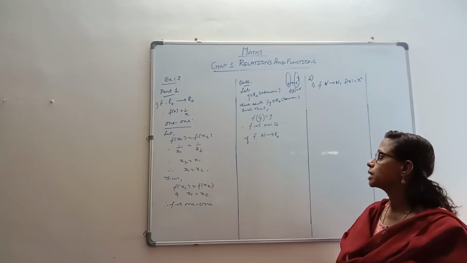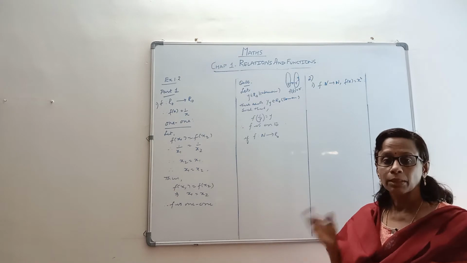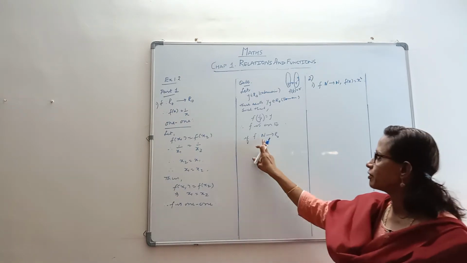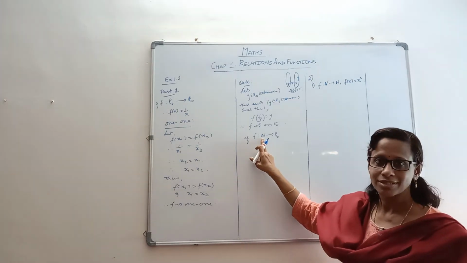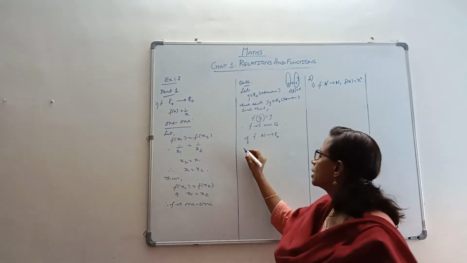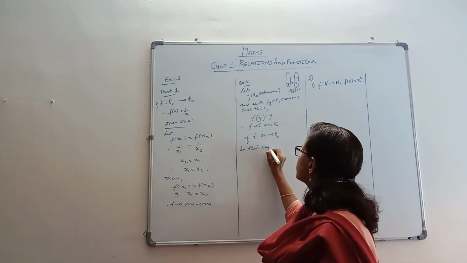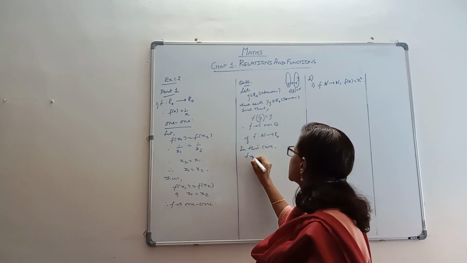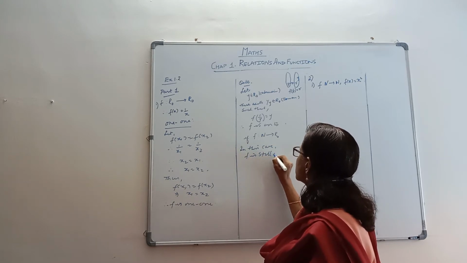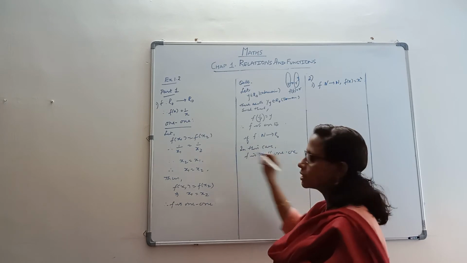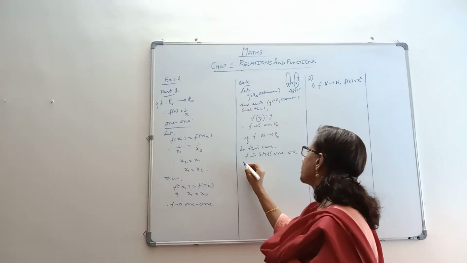Why? Because suppose if I take 5 for example, then the pre-image is 1 by 5. 1 by 5 does not belong to natural numbers, isn't it? So in this case, f is still 1-to-1 and the working is exactly identical, but not onto.